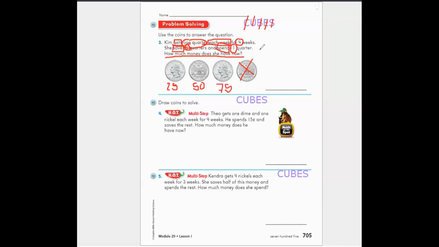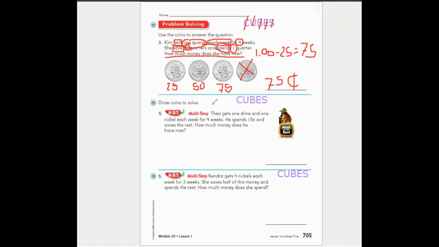Or you can say also $1 minus 1/4, minus 25 cents. That equals 75 or 3/4. 75 cents.